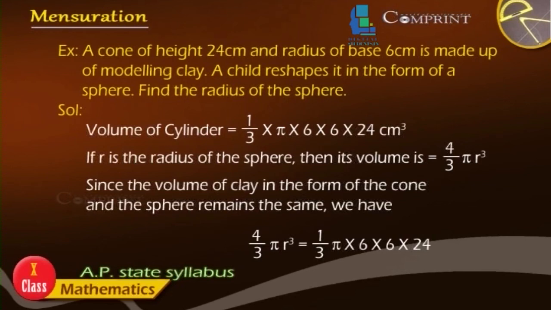Solution: volume of cone is equal to 1 by 3 into pi into 6 into 6 into 24 centimeters cube. If r is the radius of the sphere, then its volume is 4 by 3 pi r cube. Since the volume of clay in the form of the cone and the sphere remains the same, we have 4 by 3 pi r cube is equal to 1 by 3 pi into 6 into 6 into 24.